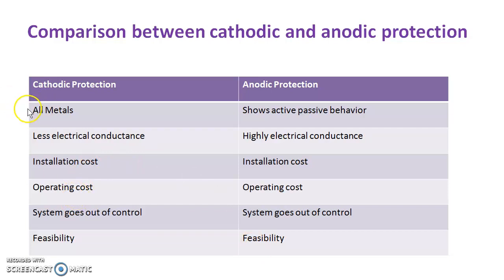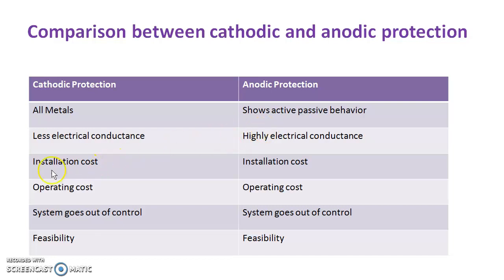See, the cathodic protection method is applicable for all metals. The anodic protection method is applicable only to those metals which can show active-passive behavior, right? Then the second one: this method is useful for metal protection in a less electrically conductive environment. This method is also useful for the protection of metal, but in a highly electrically conductive environment, right?